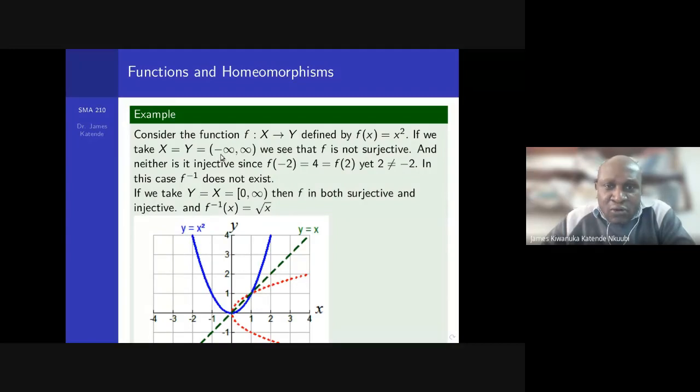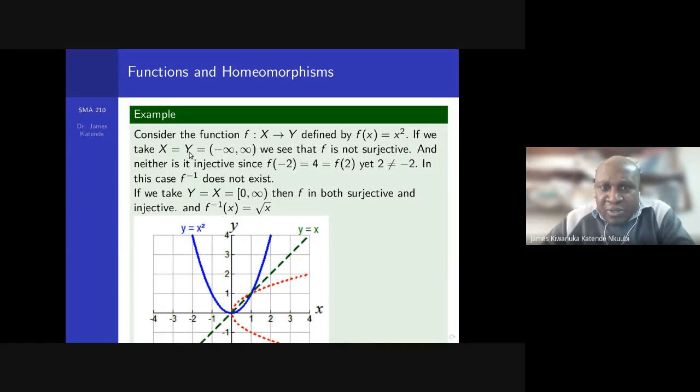So that's the whole of the number line from minus infinity to infinity. In this case, we see that f is not surjective because not the whole of y is taken up. All the negative numbers of y will not be taken up by this map. So this map will not be surjective under these conditions.